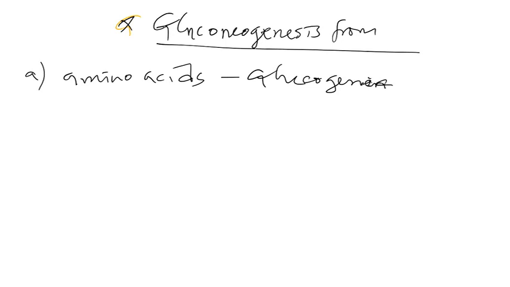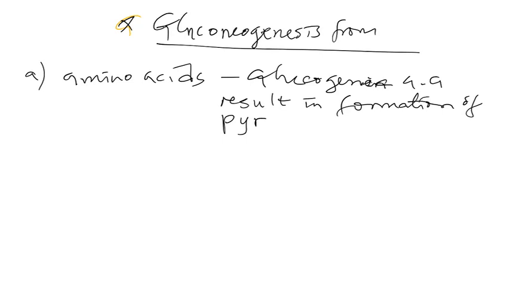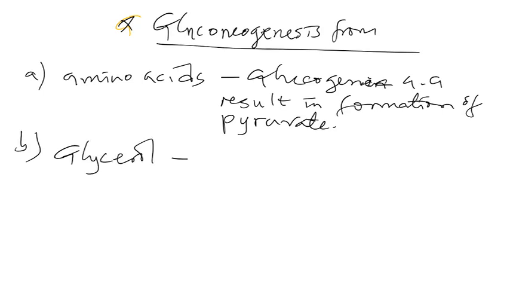from glucogenic amino acids, which result in the formation of pyruvate. We can also have gluconeogenesis from glycerol, as I have indicated in the pathway.